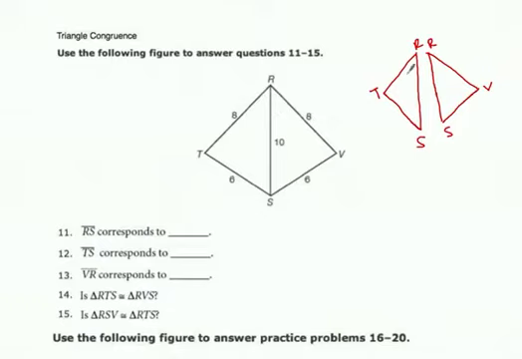That also helps me out with the top and the bottom, which are shared by both of the separate triangles. When I'm looking at them separately, I want to know what RS corresponds to. Because they're separate, I can tell that RS is going to correspond to RS. Remember, corresponds means in the same place in the separate triangles.